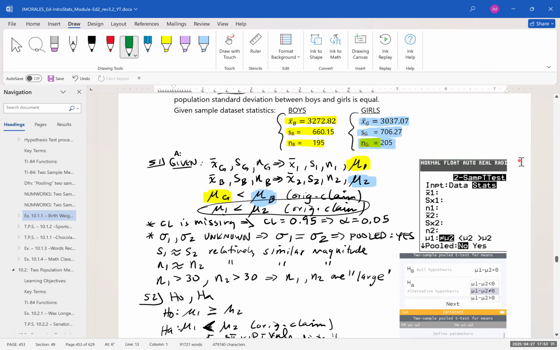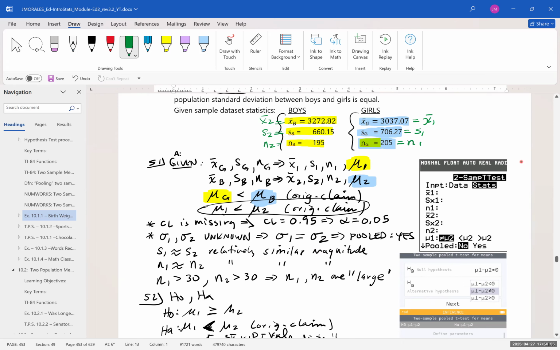All right, let me try and make sure that I get everything correct. So this is going to be x bar 1, this is S1, and that is N1. And this is x bar 2, S2, and N2.